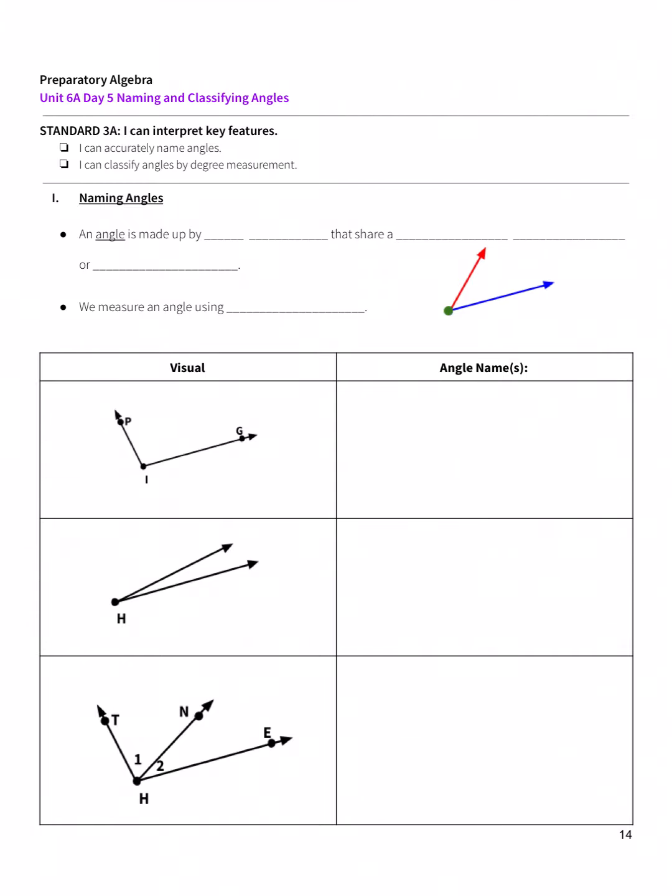Well, an angle is made up of two rays that share a common endpoint, or vertex. Endpoint, vertex, same thing.